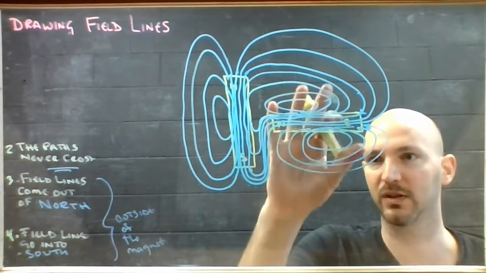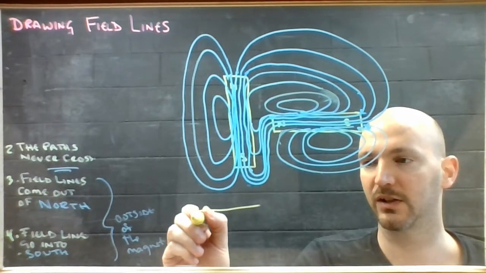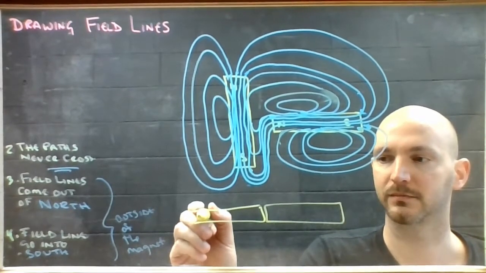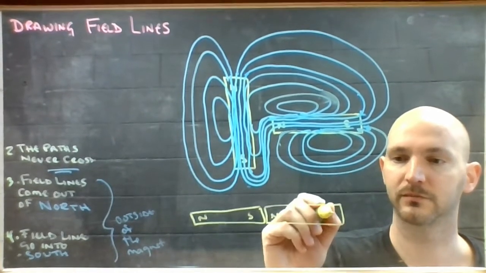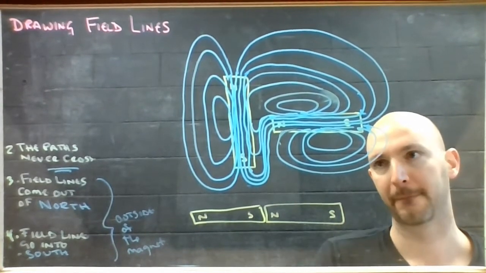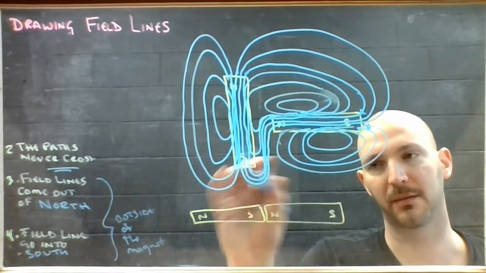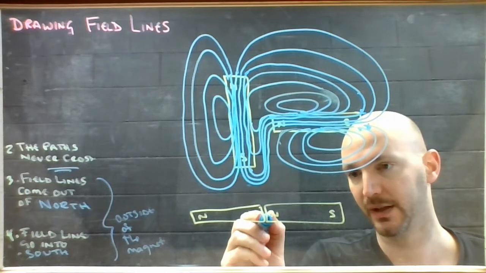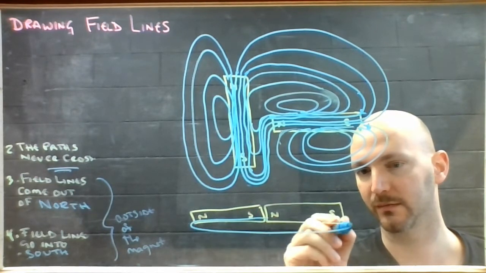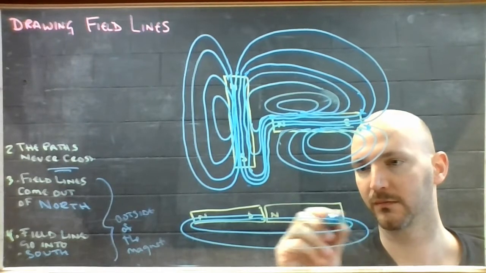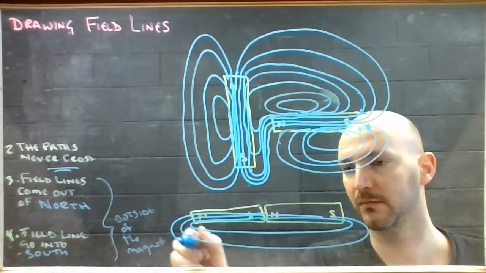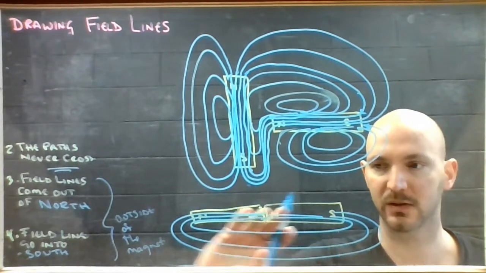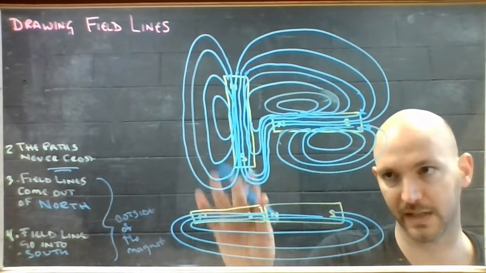So if I took this configuration and I tried drawing it like this, so those same two magnets, I'm not going to draw the top edge because it's going to run in here, but if I turn this one like so, then I'd end up with the field doing this. Which is nice and smooth, nice and spaced out. It would be symmetrical on the other side if I had room to draw it.